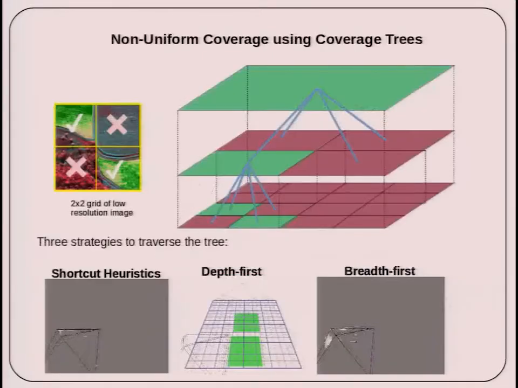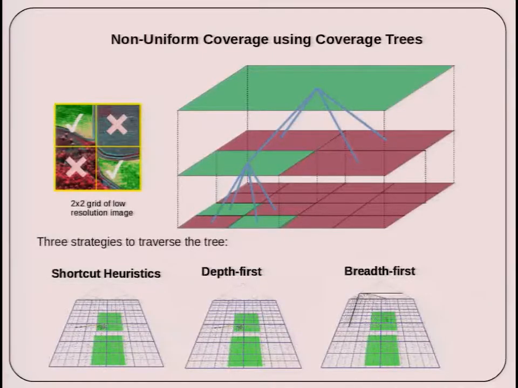And what we propose is to use coverage trees. In particular, in this case, we use quad trees, where the parent node covers 4 times the space of a child node. And the cool thing now is that we can just prune the tree and stop exploring as soon as we find an area that is entirely not interesting to us. And there comes the saving compared to the lawnmower.